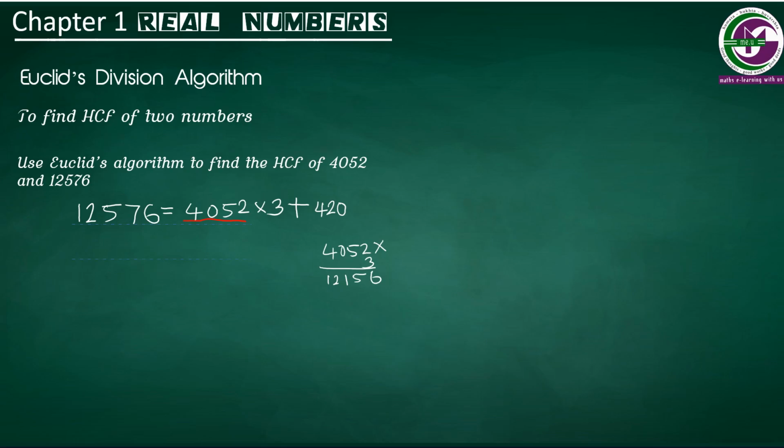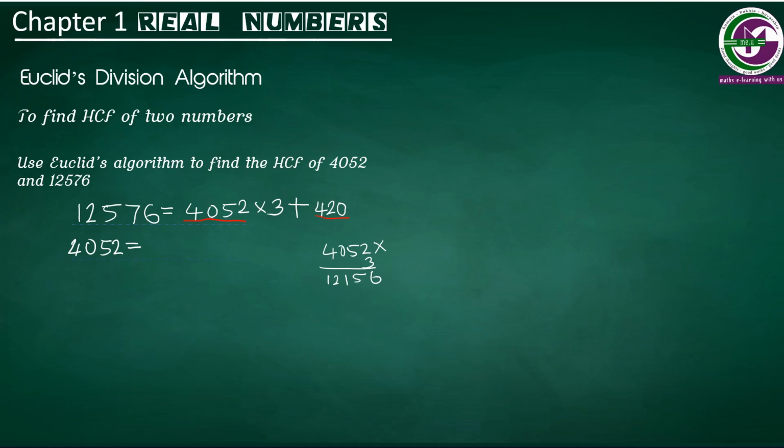So you will write 4052 equals, now the remainder will become the divisor. The remainder of the previous line is the divisor of the new line.